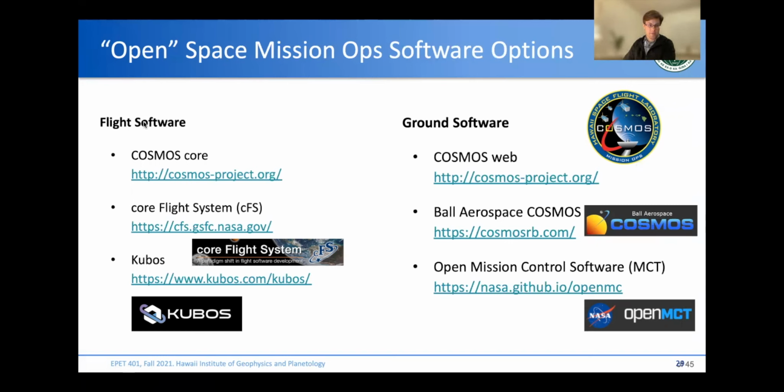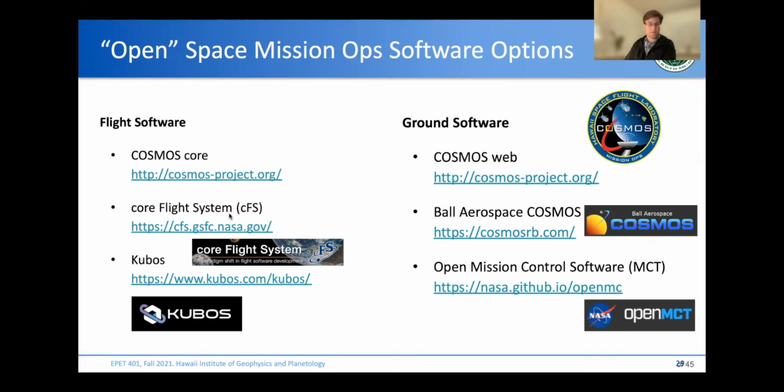So we have for flight software, Cosmos Core, as you've been made aware of. But NASA's developed these core flight systems, so CFS. And in many ways, it's like Cosmos, and it's been used in several missions.